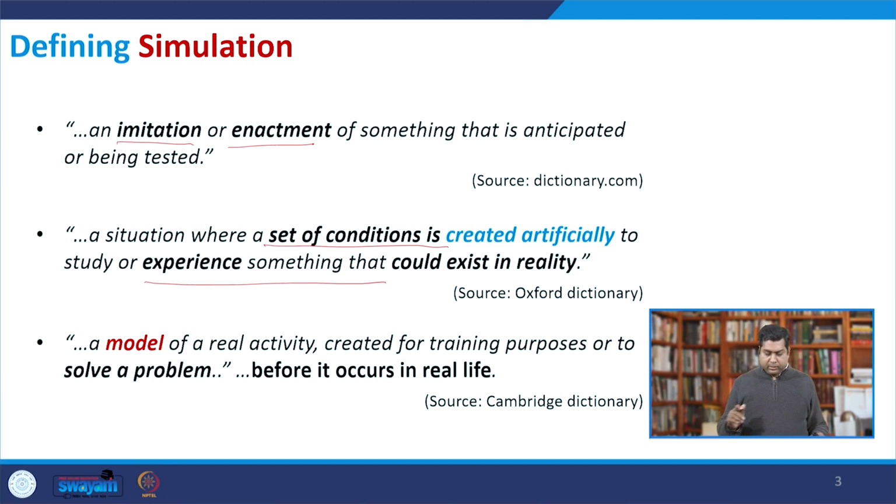Now coming to another dictionary, the Cambridge dictionary definition: it is a model of real activity but created for training purpose or to solve a problem before it occurs in real life. So the real life object is something, and here you are creating a scenario that looks like the real environment, but it is not.